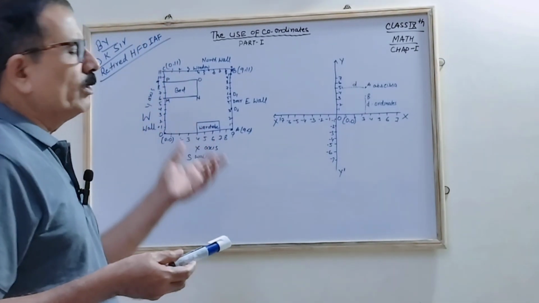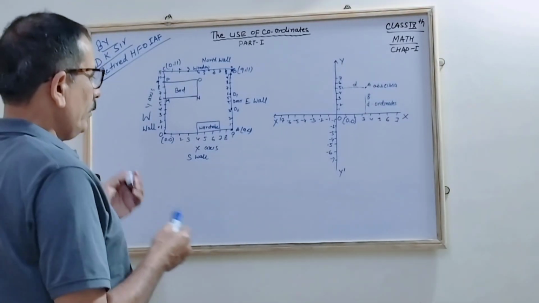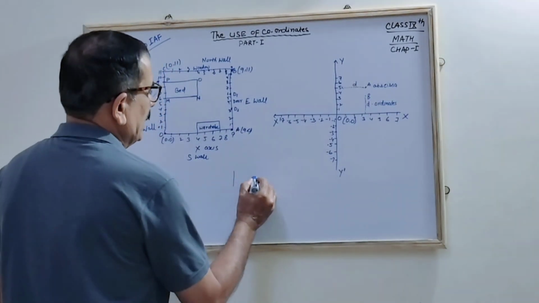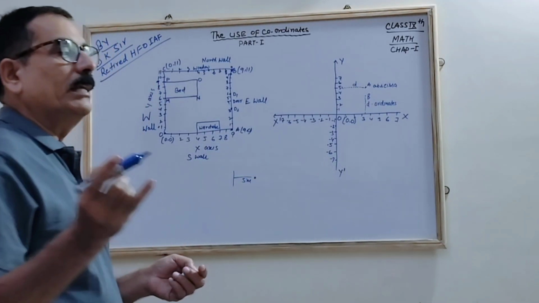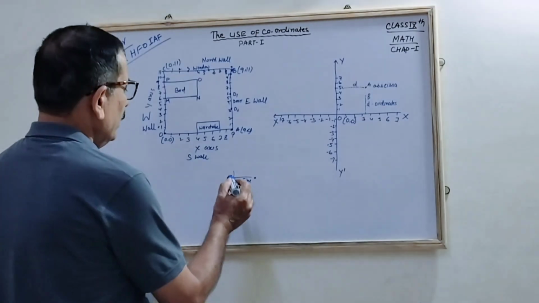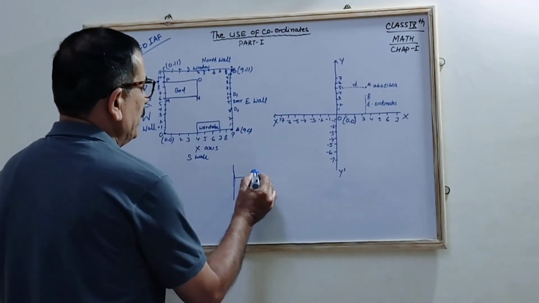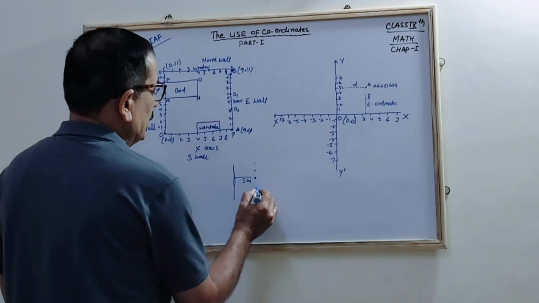Here also the same thing. If I say that from this line, this point is here, 5 meters, then what will you understand? This line is this much length. This is also 5 meters, this is also 5 meters.